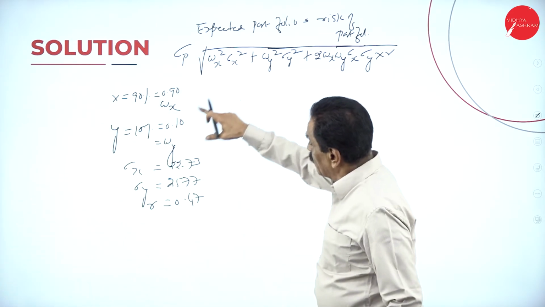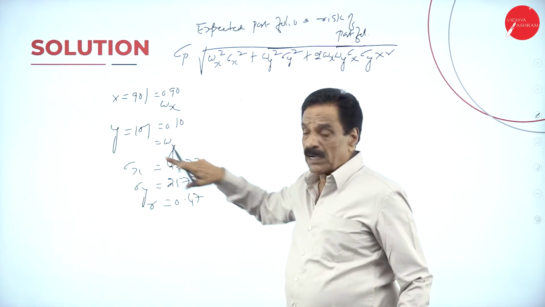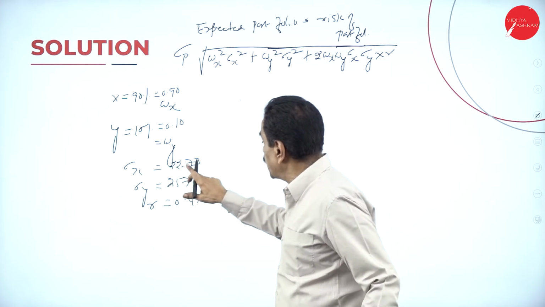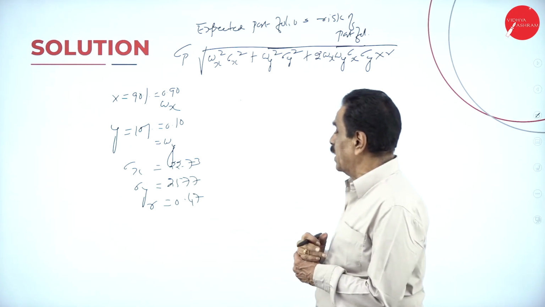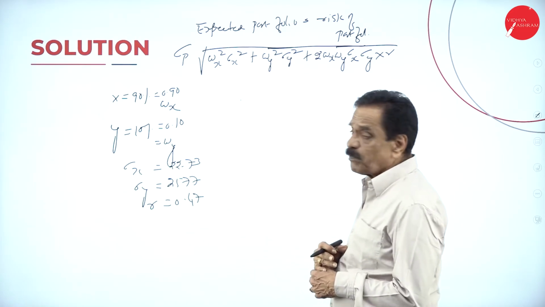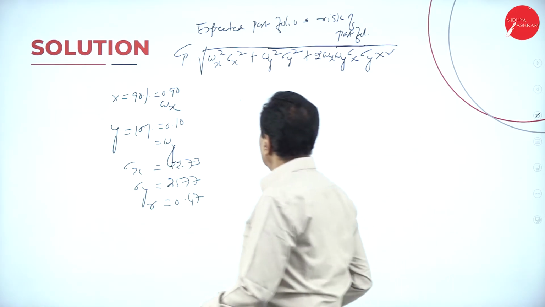So weights we have got 0.90, 0.10. Then standard deviation x is there, standard deviation y is also there. Then r 0.47. Apply now.